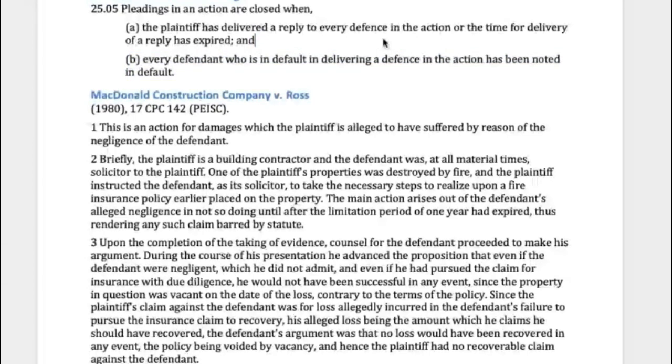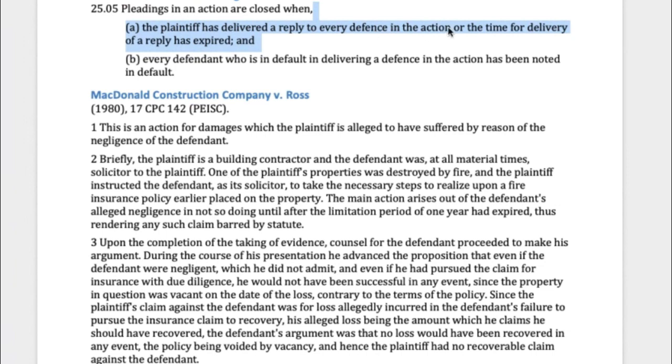Basically, the plaintiff in a two-party action has the right to the last word if and only if the facts permit a reply. So if the plaintiff has the right to issue a reply, then after they do so, pleadings are closed. Or if they don't have the right to issue a reply, or they elect not to, and the time for delivery of that has expired.